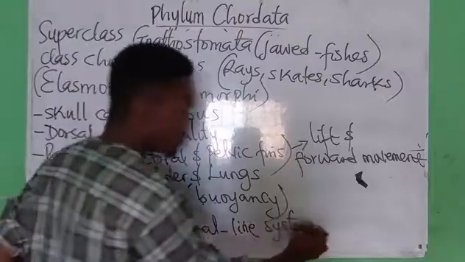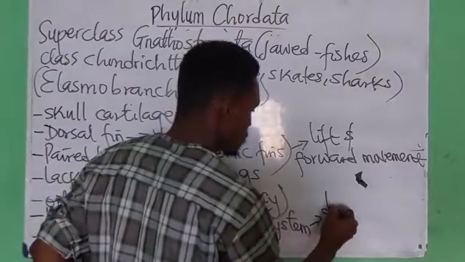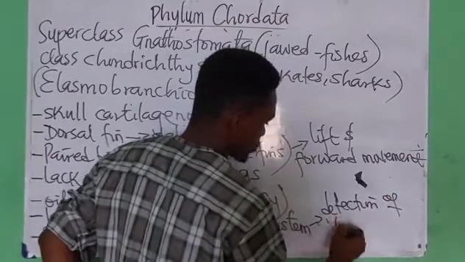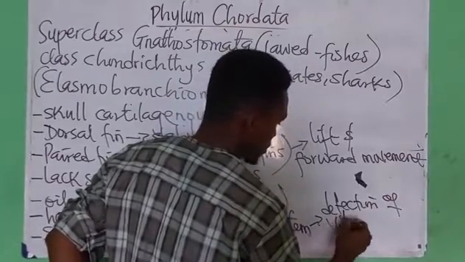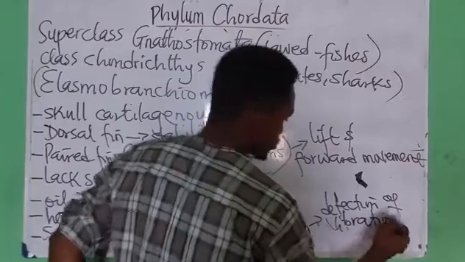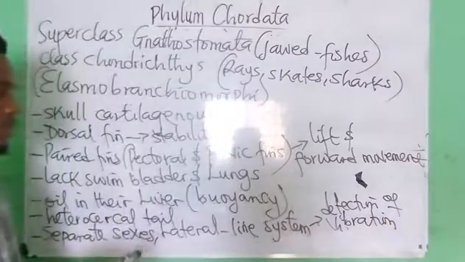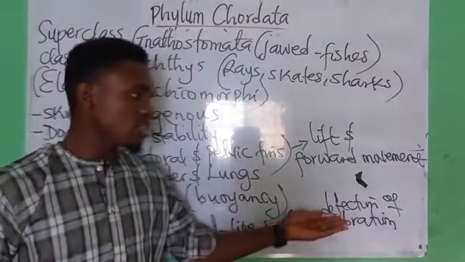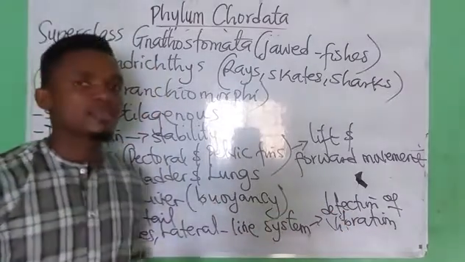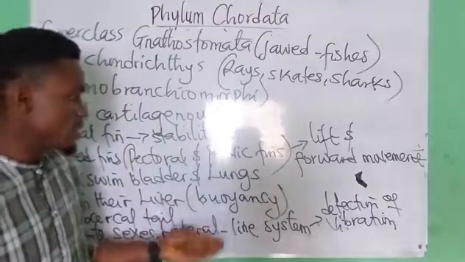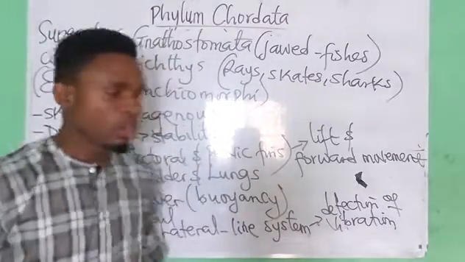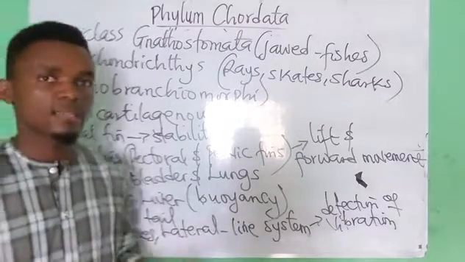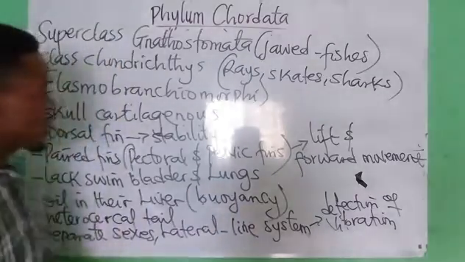All right, it is used for the detection of what? Vibration in the water. It is used for detection of vibration in the water. That is to say that sometimes when there are predators around, it is the lateral line system that actually tells you that dangers are around. All right. Please, they also have streamline body that is meant for what? Balancing. All right. Streamline body for balancing.